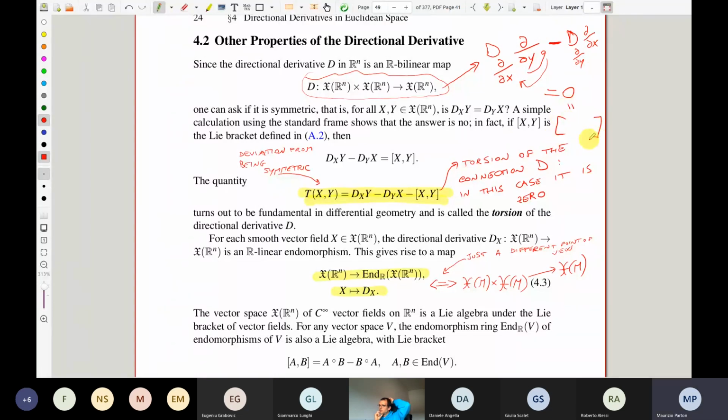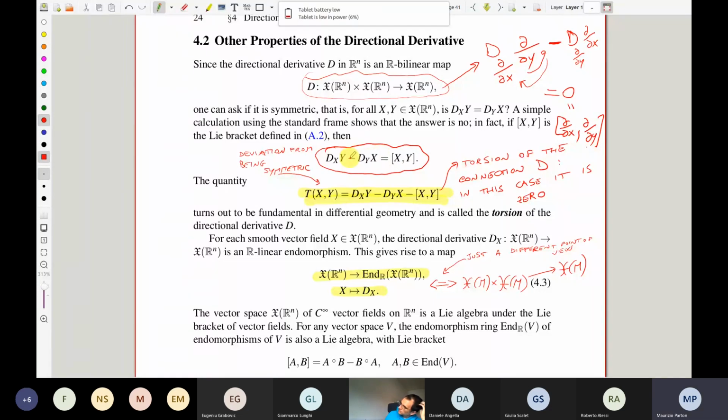You remember the bracket between vector fields, between d/dx and d/dy. And so this is just to say that for the connection in Rn, there is this formula. This formula means that the connection is symmetric in some sense.